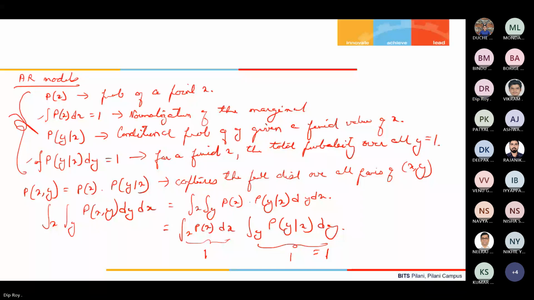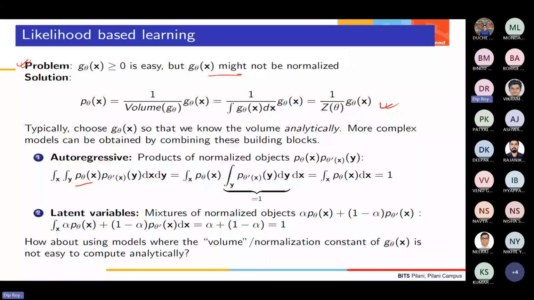Okay. Now the other thing is that autoregressive models were products of normalized objects, and the product of normalized objects is normalized. And in latent variable models like the VAE or the mixture of Gaussians, this takes the functional form alpha p theta x plus 1 minus alpha p theta x.